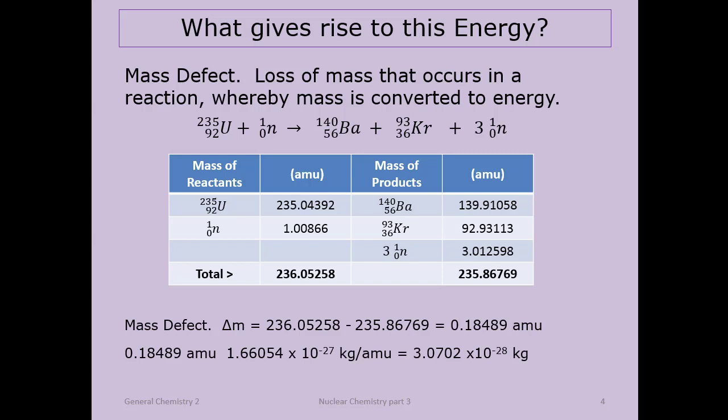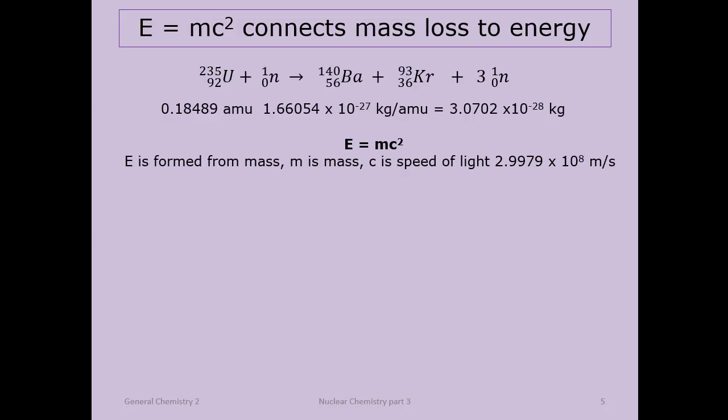If you convert that to kilograms, so I can get to an energy unit, and then apply Einstein's famous equation, which says if you know how much mass is lost in a reaction, you can multiply it by the speed of light squared, and you'll be able to calculate the energy created in a nuclear reaction.